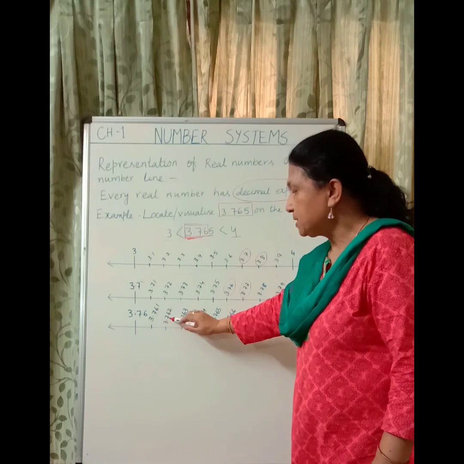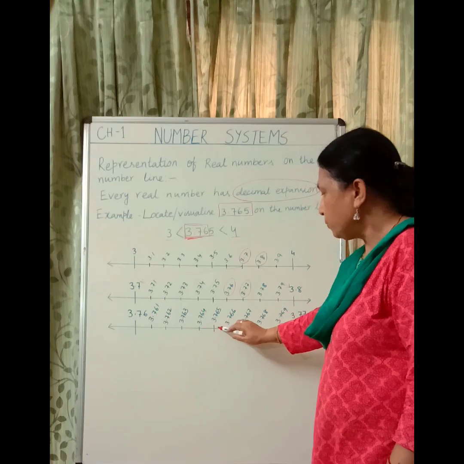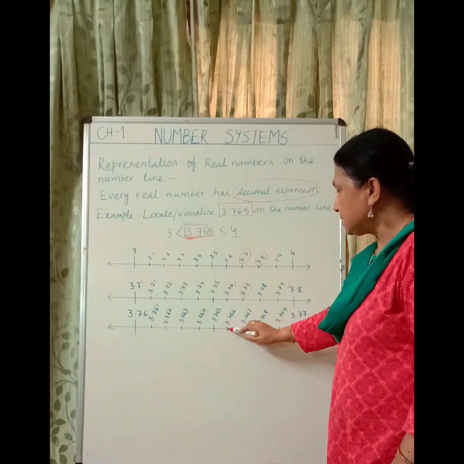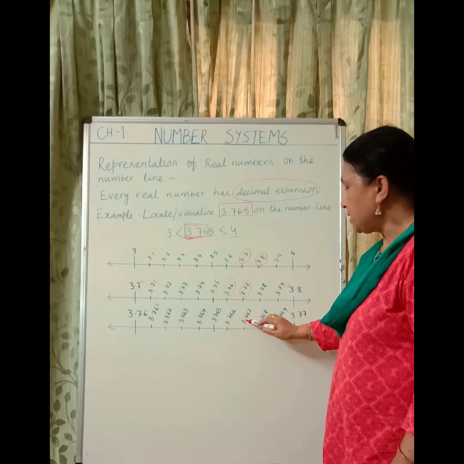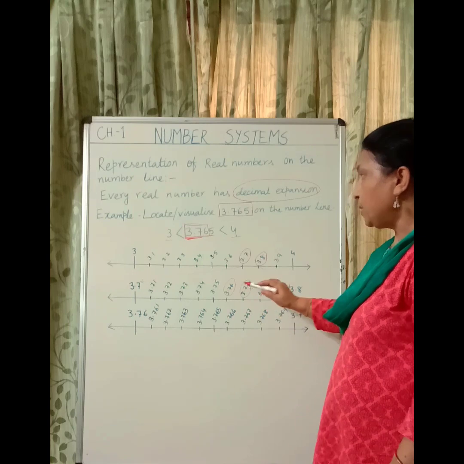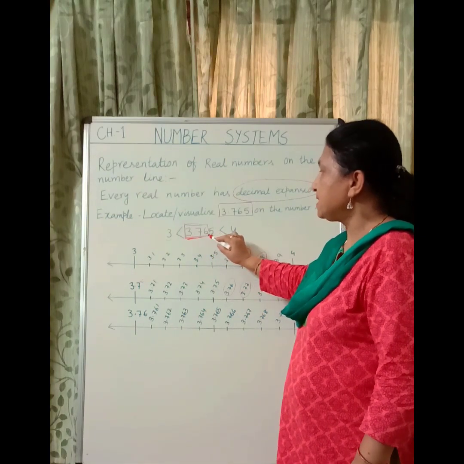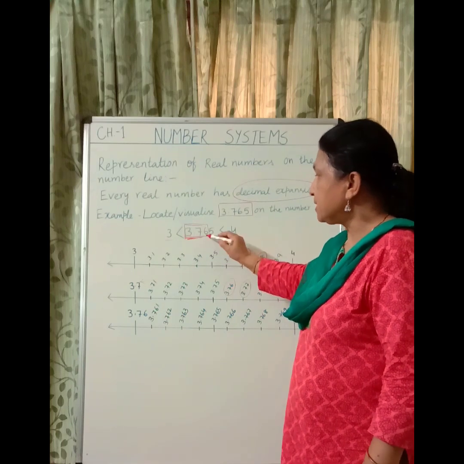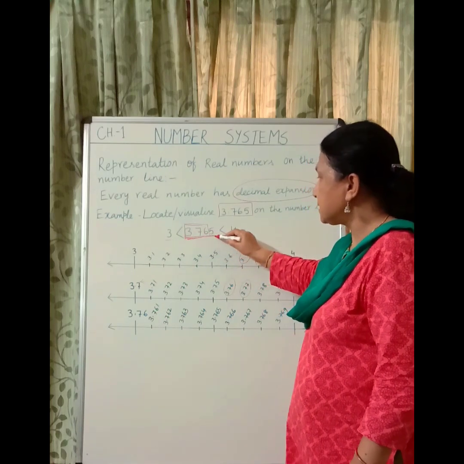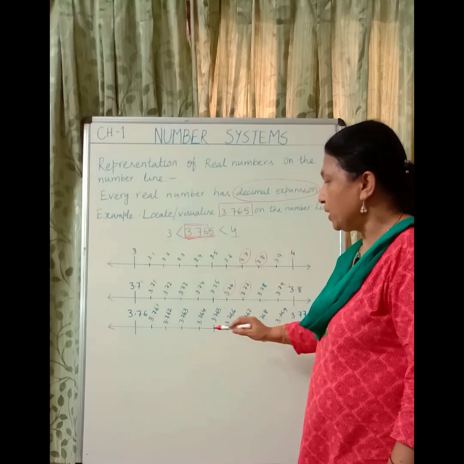3.761, 3.762, 3.763 and so on. We have 3.766, 3.767 and finally we have 3.77. Now what number is given to us to locate? It is 3.765. We have 3 places after the decimal point.